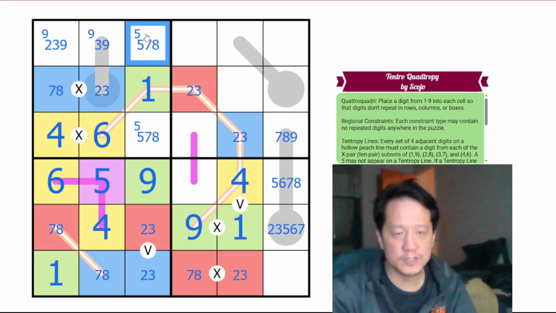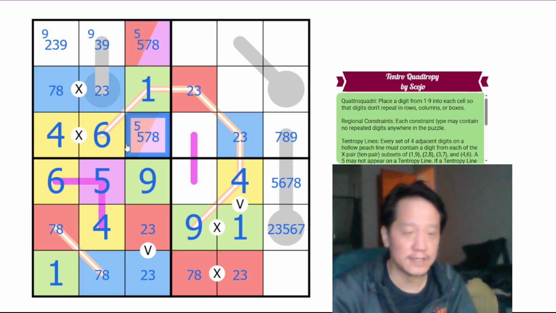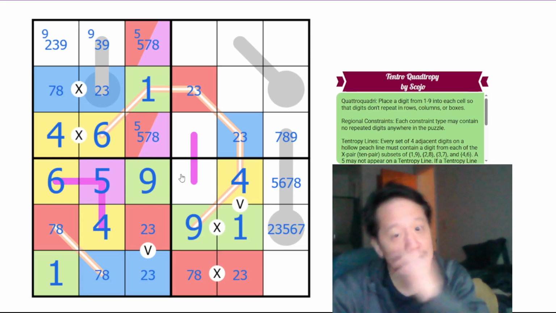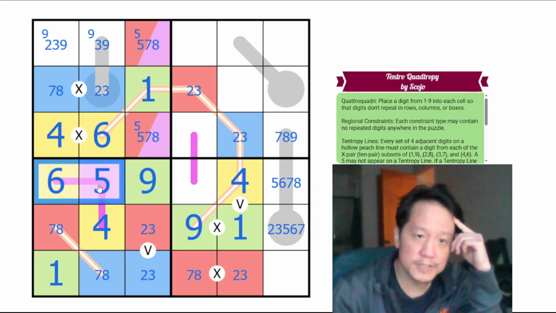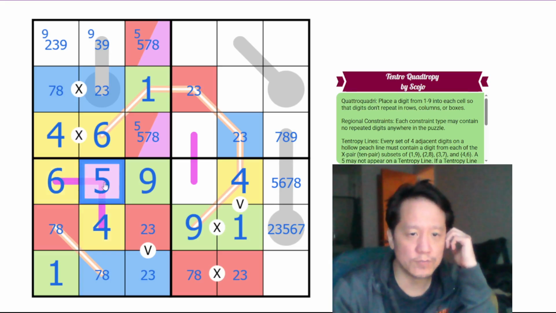So we know this is pink with the high green. No, not high green. High red. I actually did that correctly. This has 6, 5, and 4 on this red band.